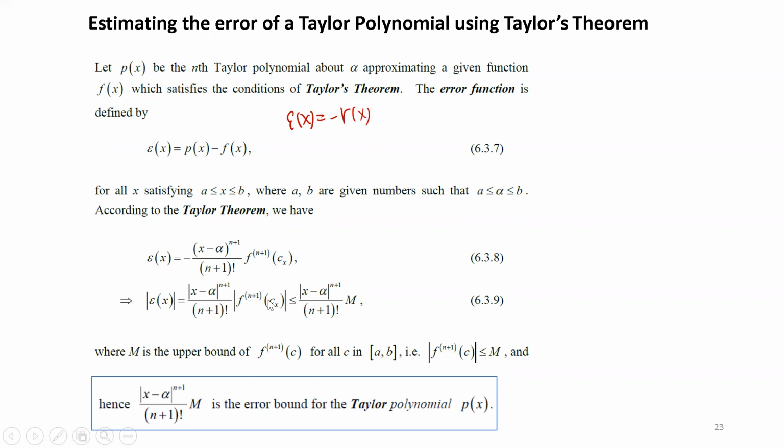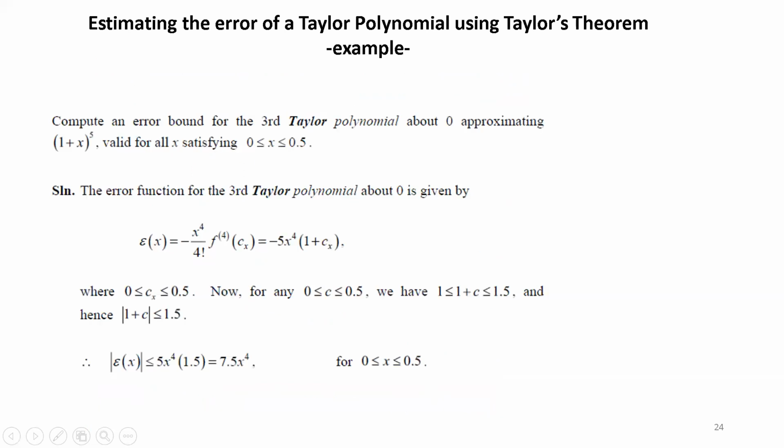If I am able to find the maximum or the upper bound of this function, then I can write the error to be smaller than or equal to this whole term over here. Therefore, this term is the upper bound of the error for the nth order Taylor polynomial.